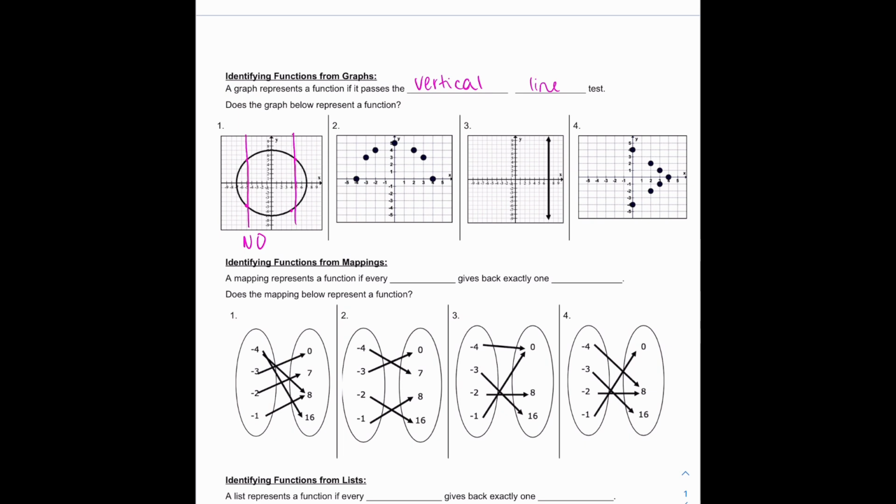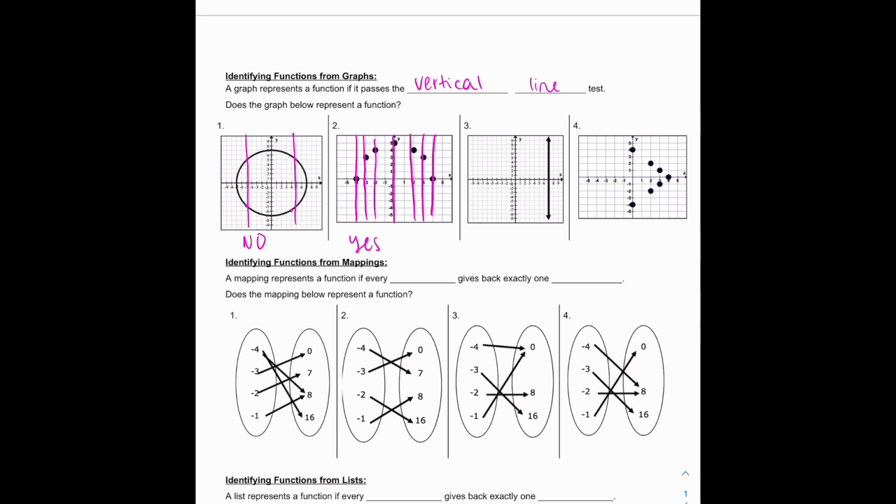Looking at number 2, does this pass the vertical line test? Well, we can draw a line through every point and see that there's only one point that passes through each line. So yes, this is a function. What about number 3? Does this pass a vertical line test?